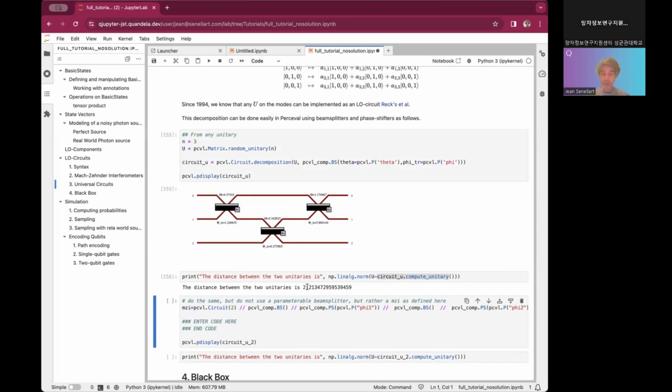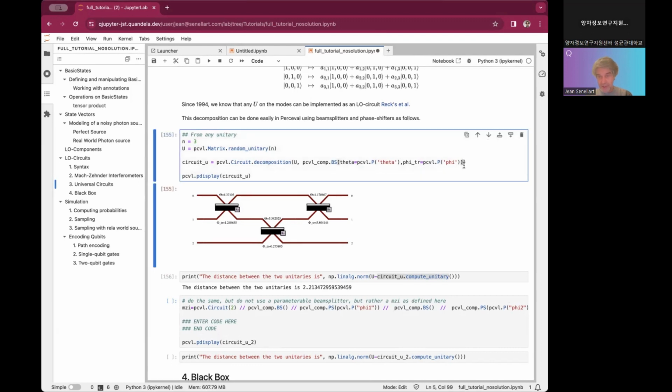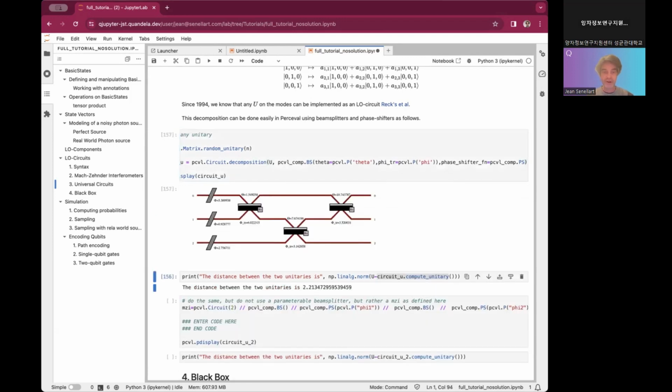It's normal, because without this phase you cannot find the unitary, but technically, without the phase, the single photon will behave exactly the same in your circuit. So it's something to know that the global phase makes a big difference, but only in the computation of the unitary.